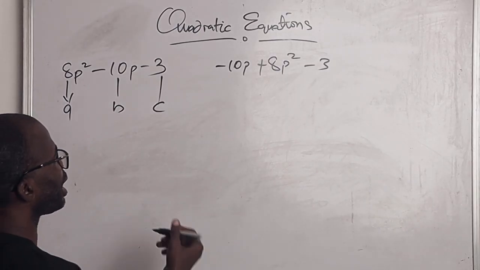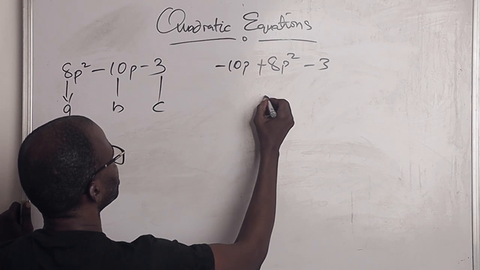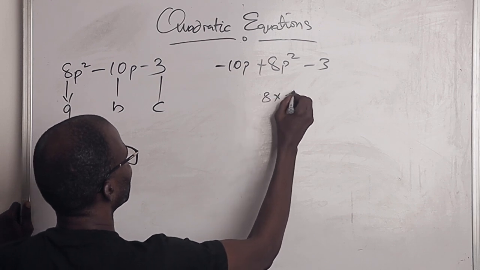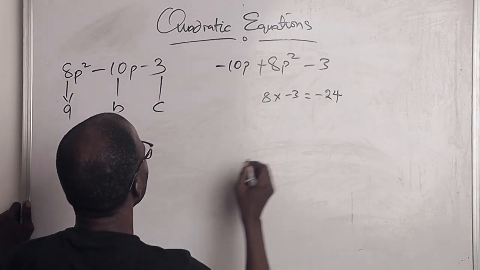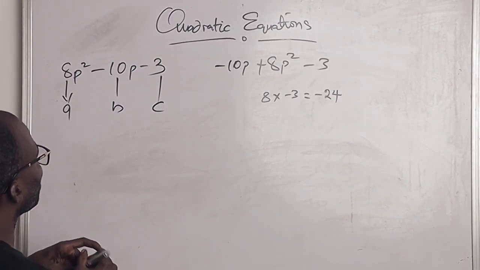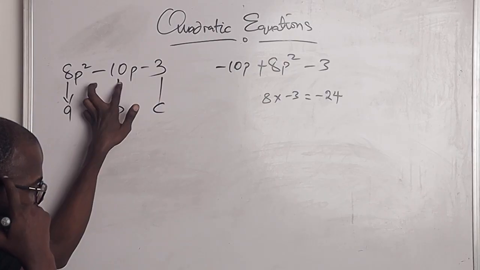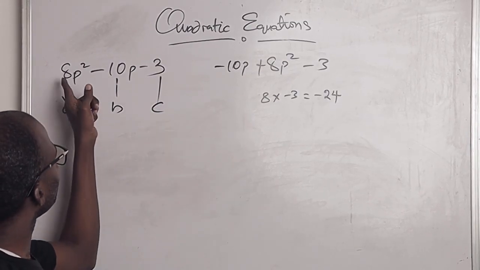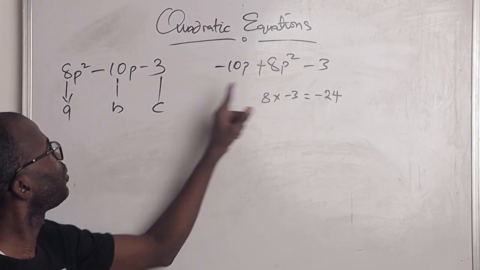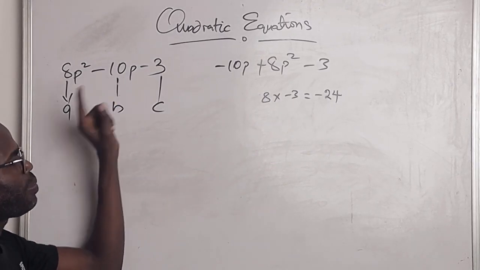So just have it at the back of your mind, that when you multiply the two numbers, it must give you minus 24, and when you add them, it must give you minus 10p.